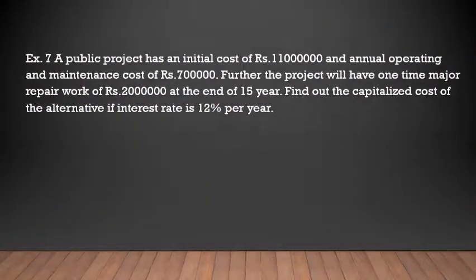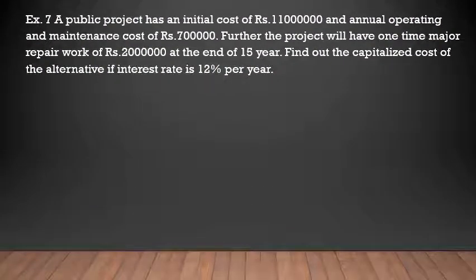Let us take an example. A public project has an initial cost of 1 crore 10,000, annual operating cost of 70,000, and one-time repair work at the end of year 15 costing 20 lakhs, and an alternative interest rate of 12% per year.